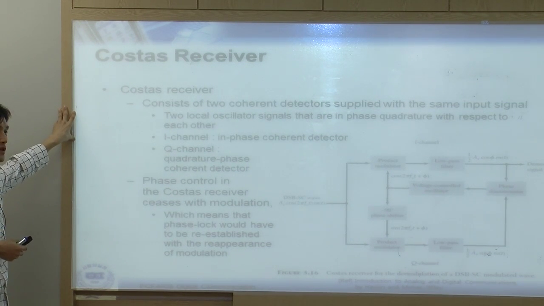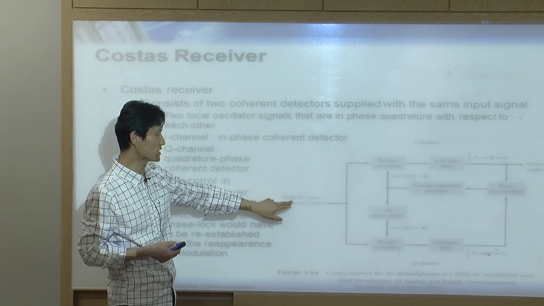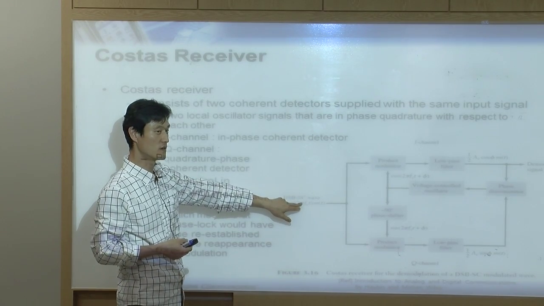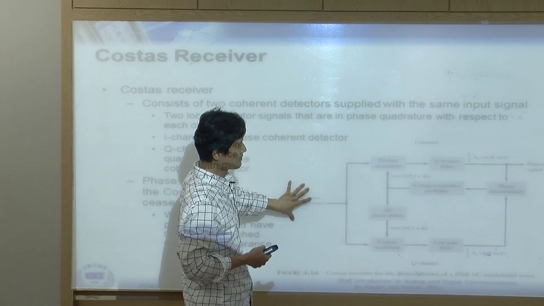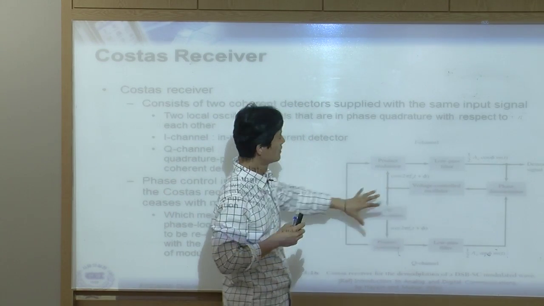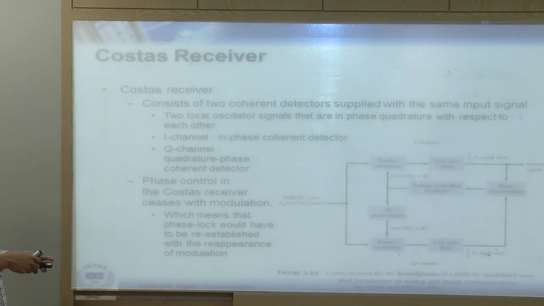That's part of amplitude modulation in analog. So when you learn analog communication, DSB-SC, double sideband suppressed carrier, you will see this block diagram in your book. So that is the Costas receiver. Let's take a look at this one.